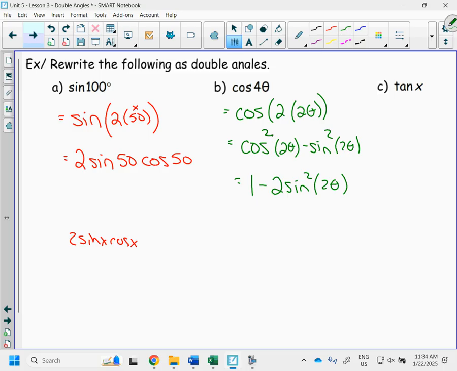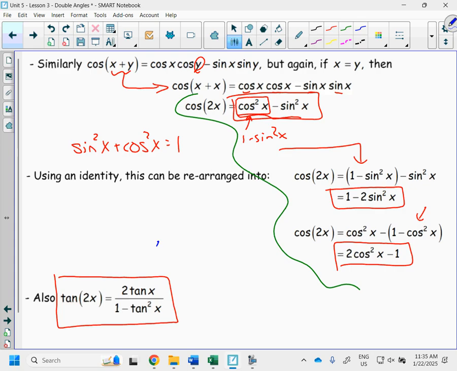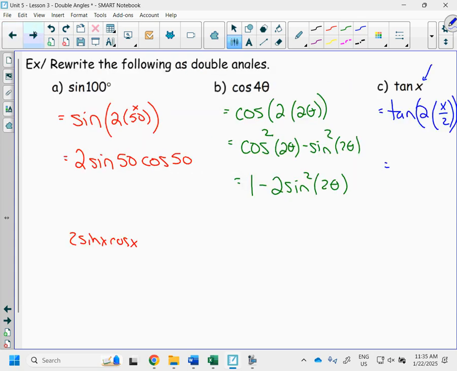We could even rewrite tan x as a double angle. This is worth the same as the tan of 2 x over 2's. It's like an angle cut in half, right? If you multiply this together, you get back to that. Well, the double angle for tan is, it's off right here, 2 times tan x.